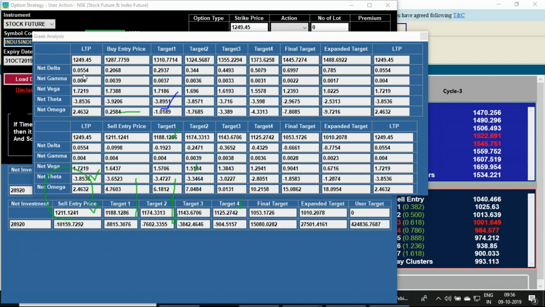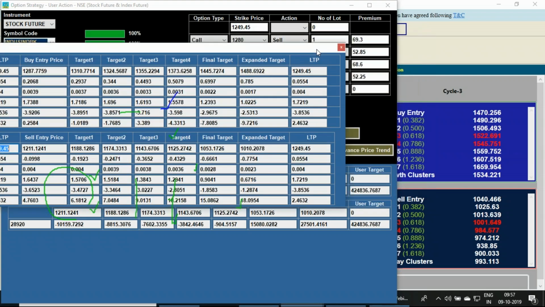Currently we are at a 5% delta, and theta is almost stable, 3.85, 3.92, in the uptrend as well as in the downtrend. Not much impact on the theta. Delta is very low, at 0.5 level. So we can keep a maximum of 30 and a minimum of 3.